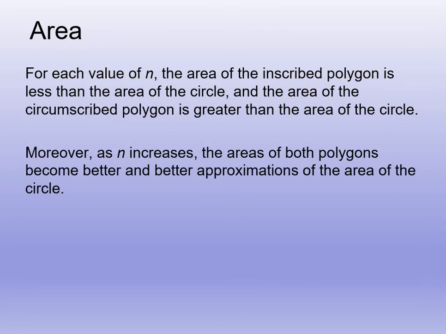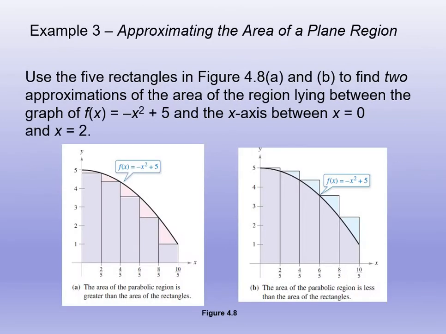So if we look at this, for each value of n, the inscribed polygon is less than the area of the circle, and the area of the circumscribed polygon is greater than the area of the circle. So as we're changing that value of n, we're getting closer and closer to the actual value of the circle. Okay, so for us, we're going to do it with conics. We're going to do it with different graphs of different curves.